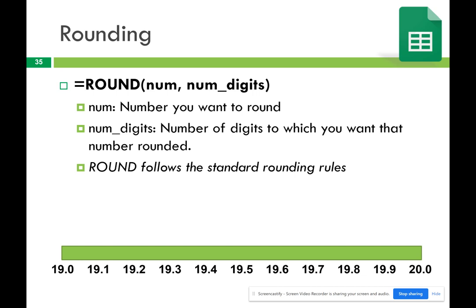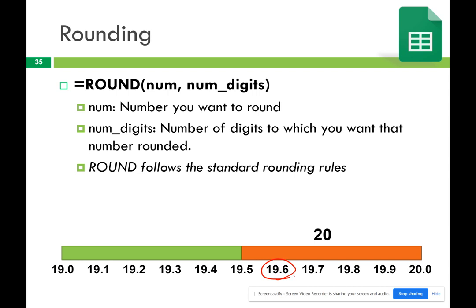Now, the round function follows all of the typical rules of rounding that you were taught in elementary school. Let's say that the number we wanted to round was 19.6. Well, we want to maybe round it off to the whole number, right?